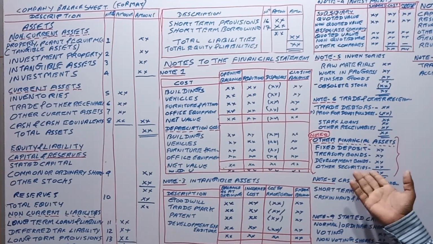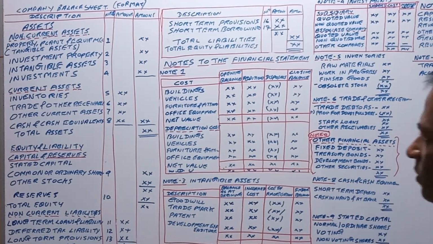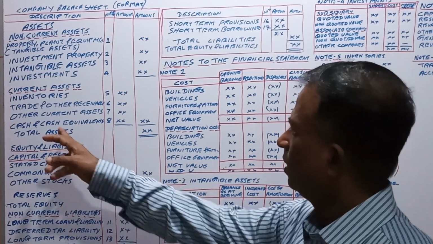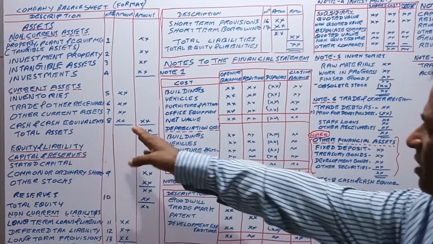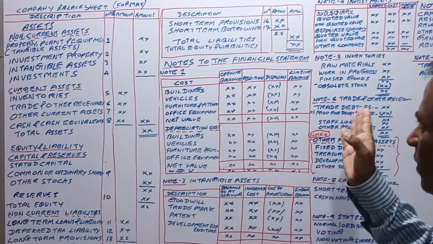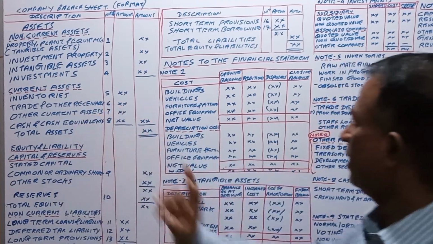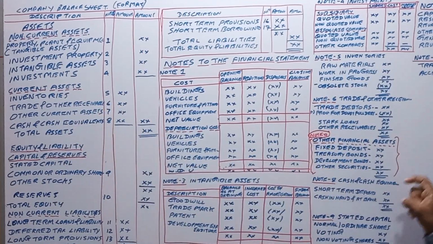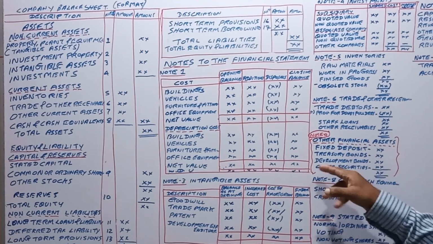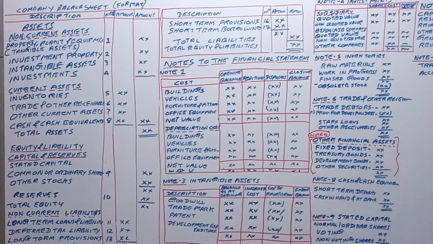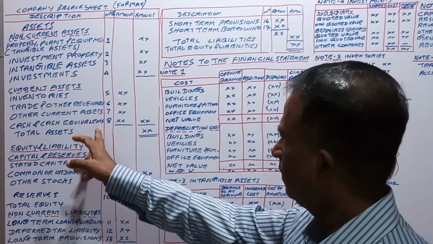Because of that, I have mentioned it here. And other current assets: whatever assets do not fall within this one, you have to put in other current assets. Only the fixed deposits, treasury bonds, development bonds and other securities which fall within the 12 months period go there.